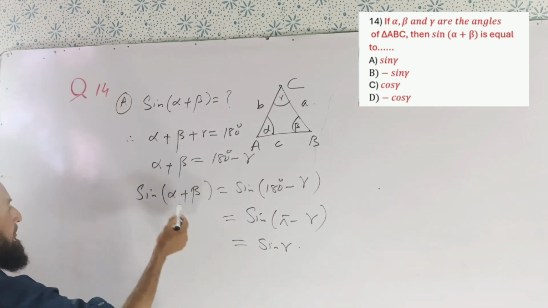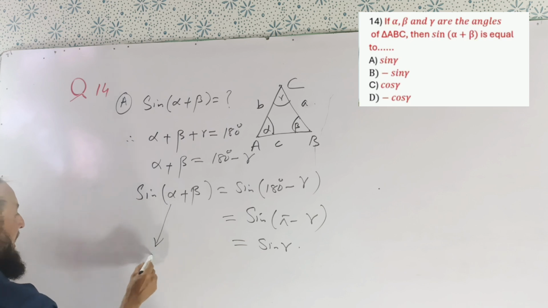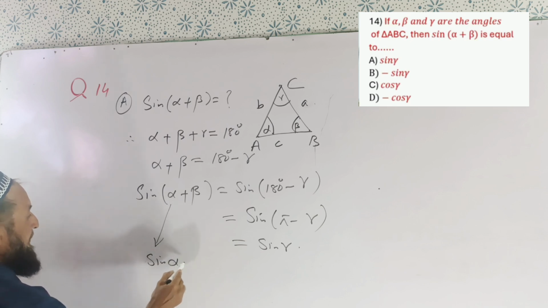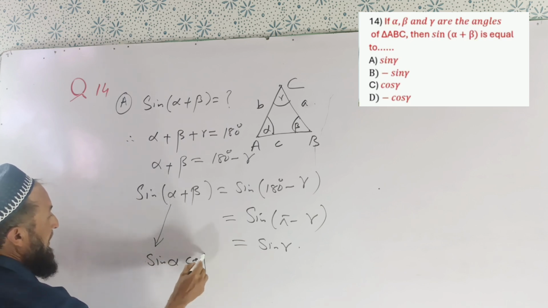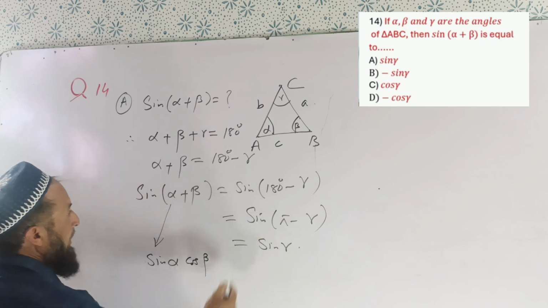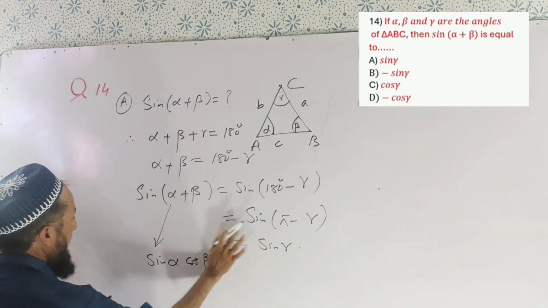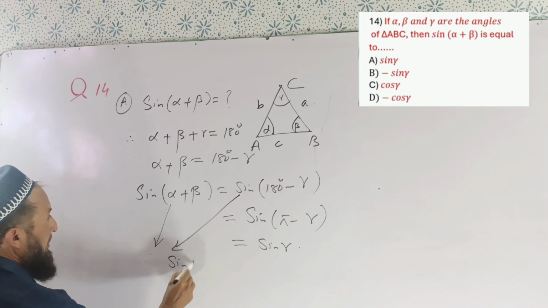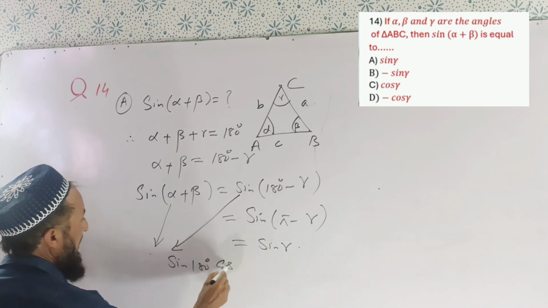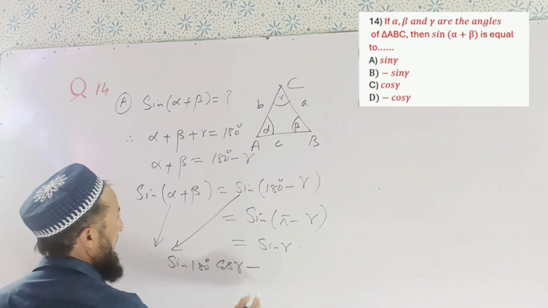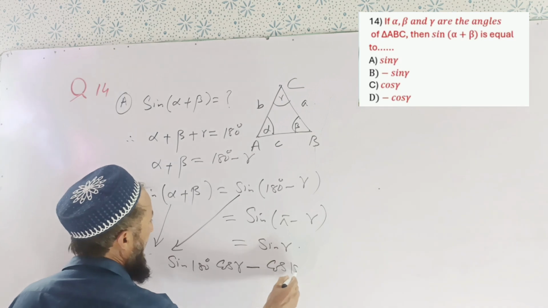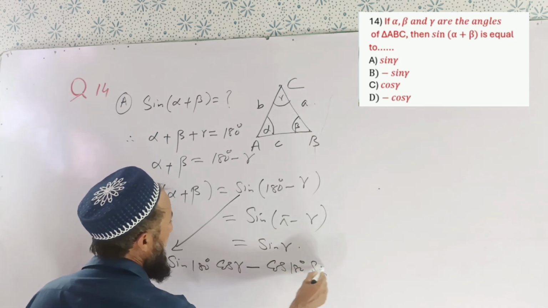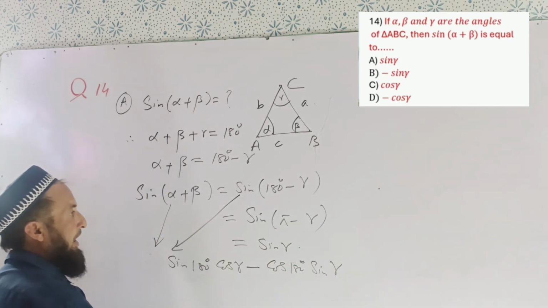Or you can also apply this method, sine alpha cos beta plus cos alpha sine beta. If we open this formula, sine alpha cos beta minus cos alpha sine beta, sine gamma.